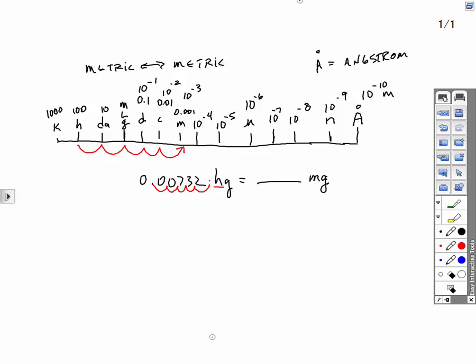Decimal right there. So this is actually 732 milligrams. And we've made our conversion. Okay. Let's do a few more of these. As you can see, once you get used to this, it takes practice, always. You just practice it until you have it down.